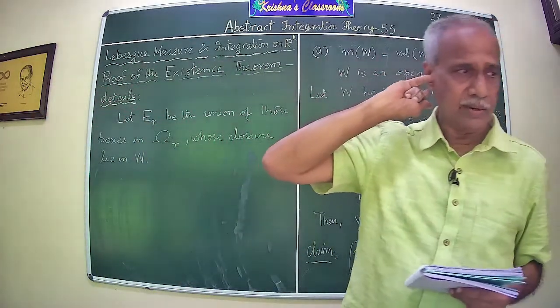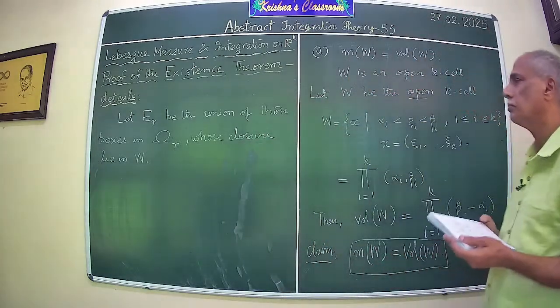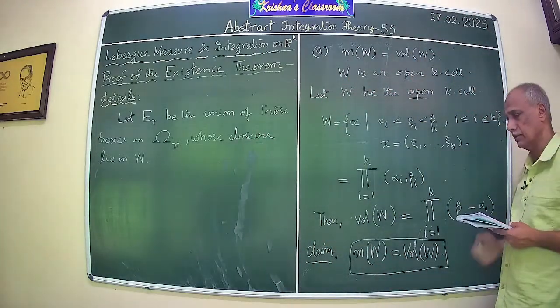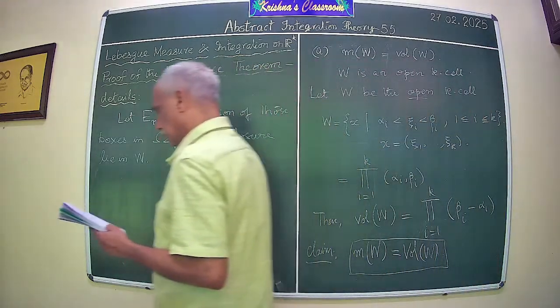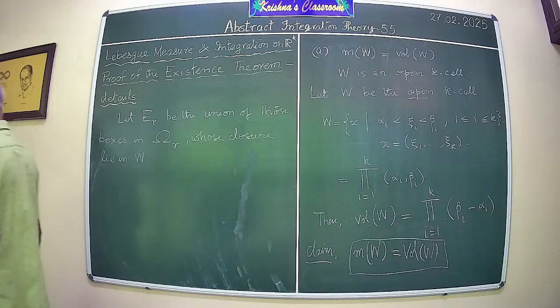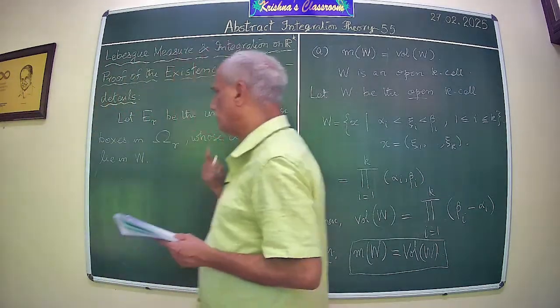PR consists of all integral multiples of 2 to the power minus R K. Okay, so that is what we have defined earlier.